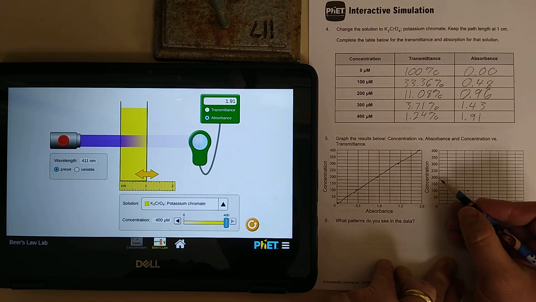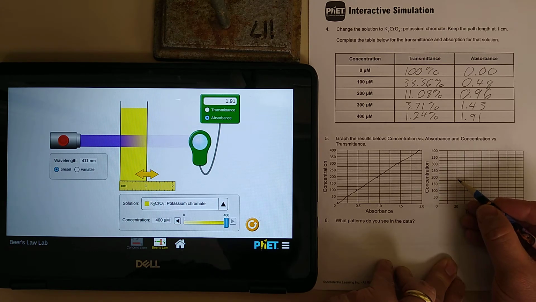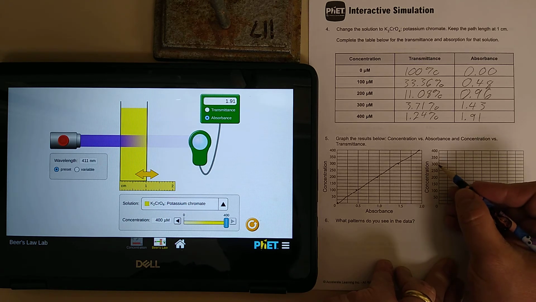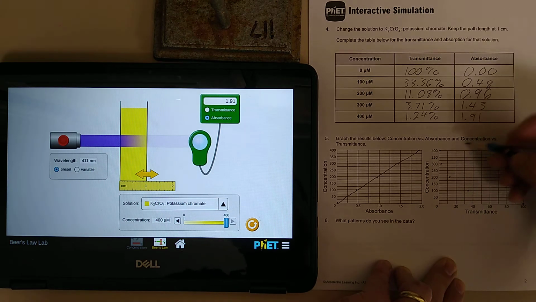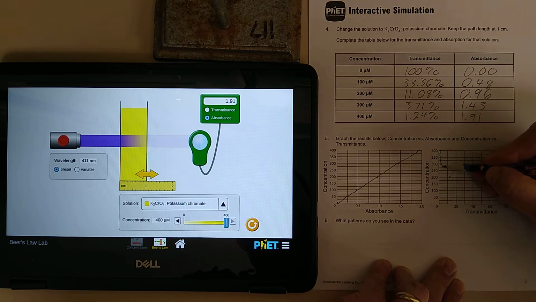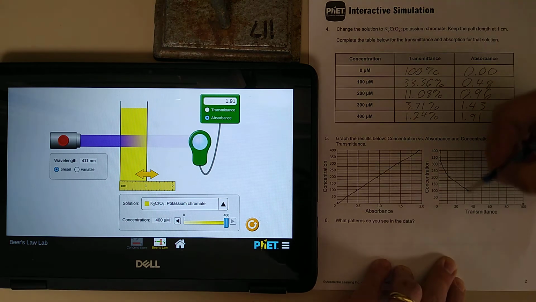Okay. And at 200, it's at 11, so that's almost to the 10. And at 300, it's at 3.71, so just barely right there. And at 400, it's 1.24. All right. So this is a much different graph.